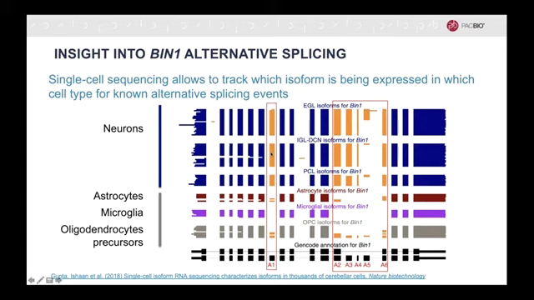So for the orange exons here in the BIN1 gene, you can see that they're mostly expressed by neurons. Very few of them are expressed by astrocytes, microglia, or oligodendrocyte precursors.